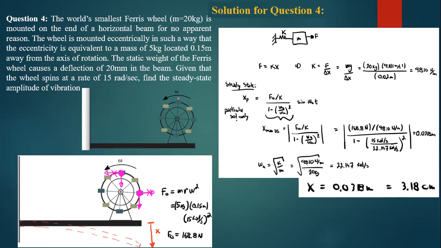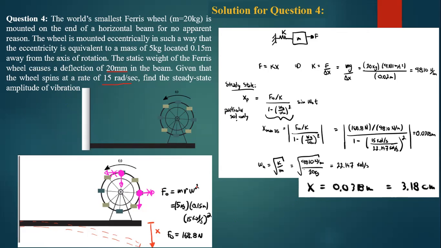This is the axis of rotation here. The static weight of the ferris wheel causes a static deflection of 20 millimeter. Given that the wheel spins at a forcing frequency omega equal to 15 rad per second, find the steady state amplitude of vibration.